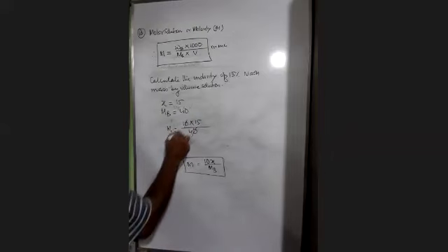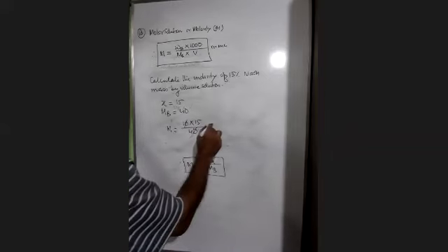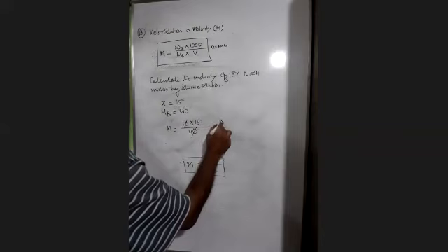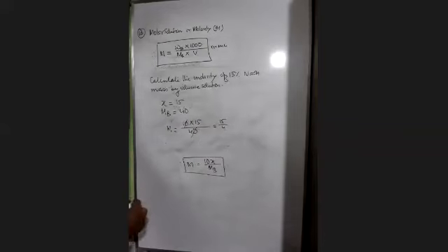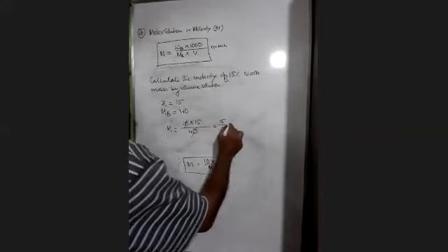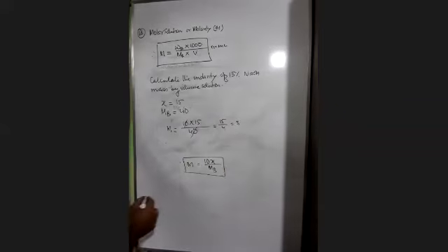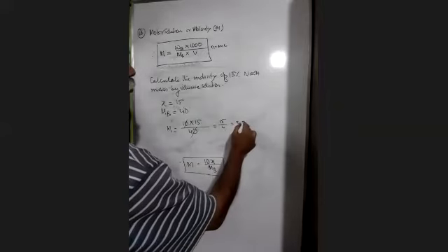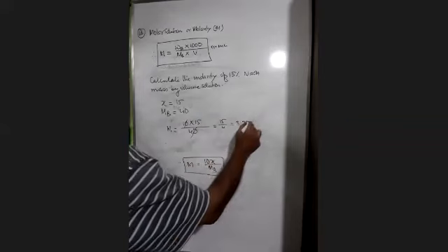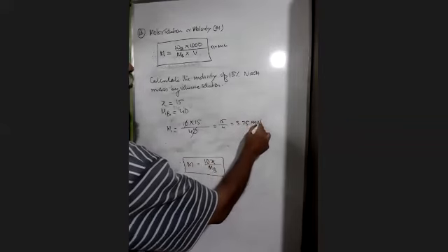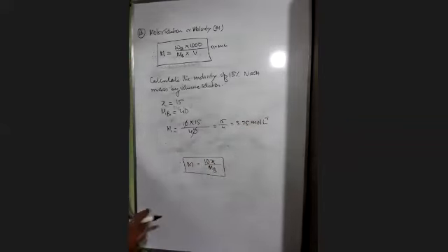So this and this get cancelled. So it is 15 by 4. So it comes to 3.75 moles per liter. So if you know the shortcut, you can immediately do it.